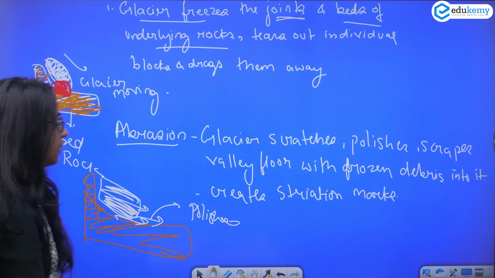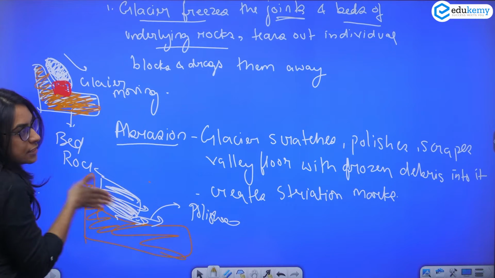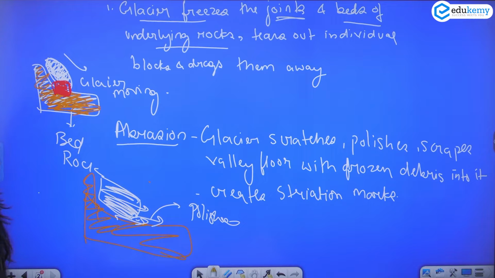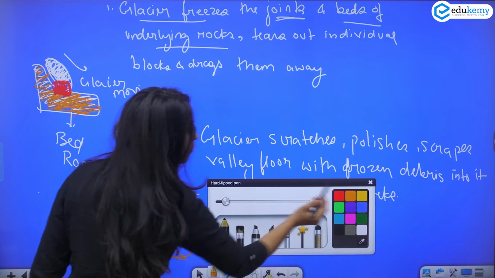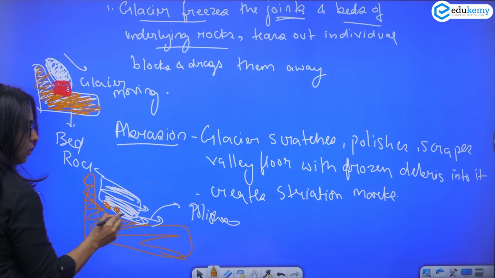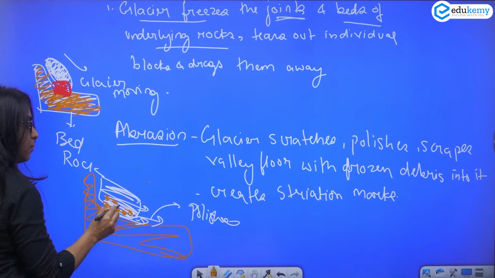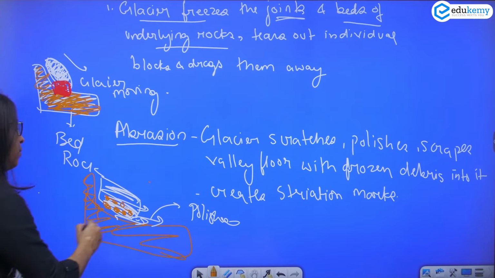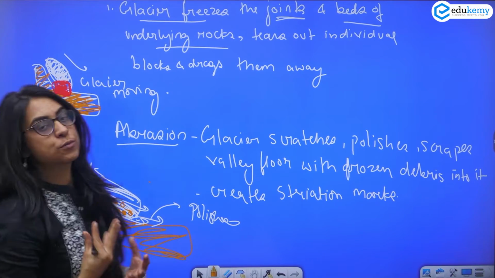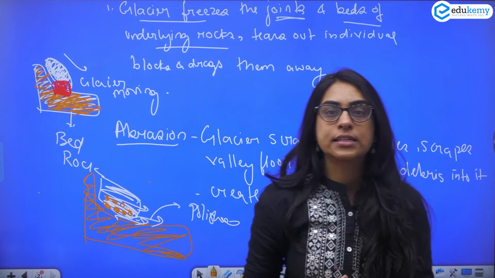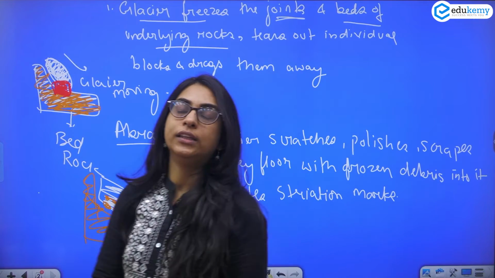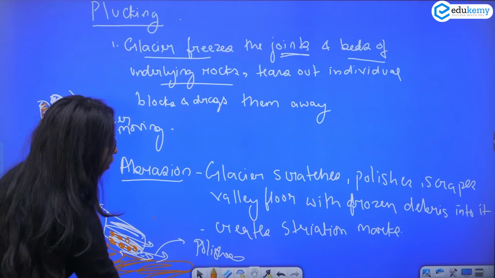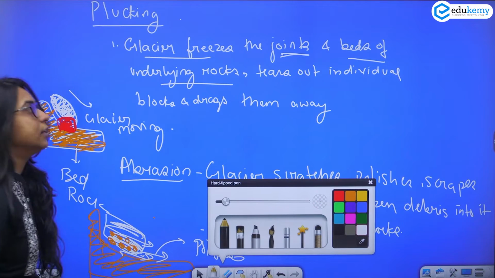So here the glacier will polish, scratch, and striate the valley floor with the frozen debris. There is already certain debris in the glacier, and this debris will polish and scratch the bedrock. So basically two types of processes. One is plucking, where the glacier freezes the joints and the beds of the underlying rock, and tears it out.